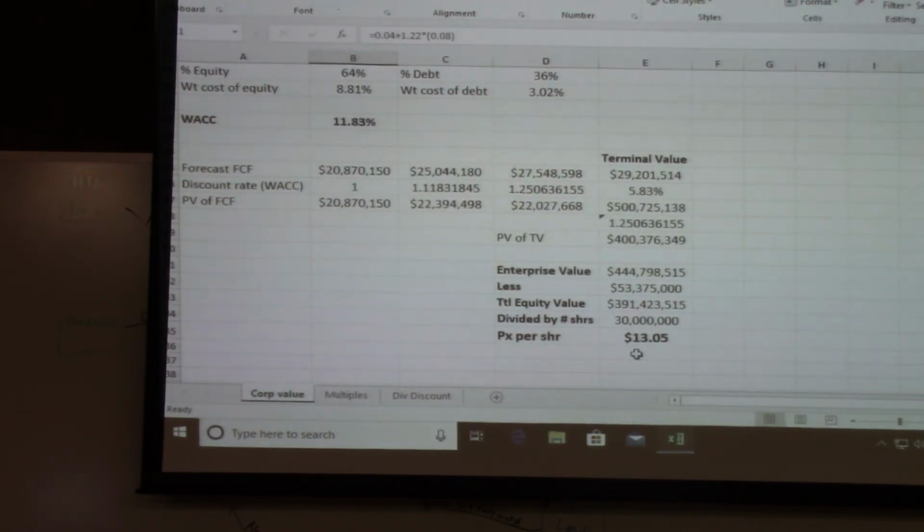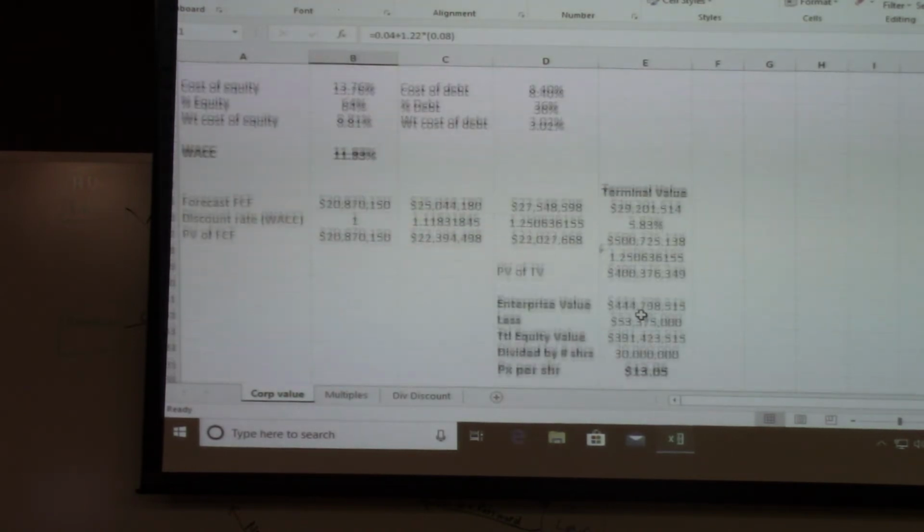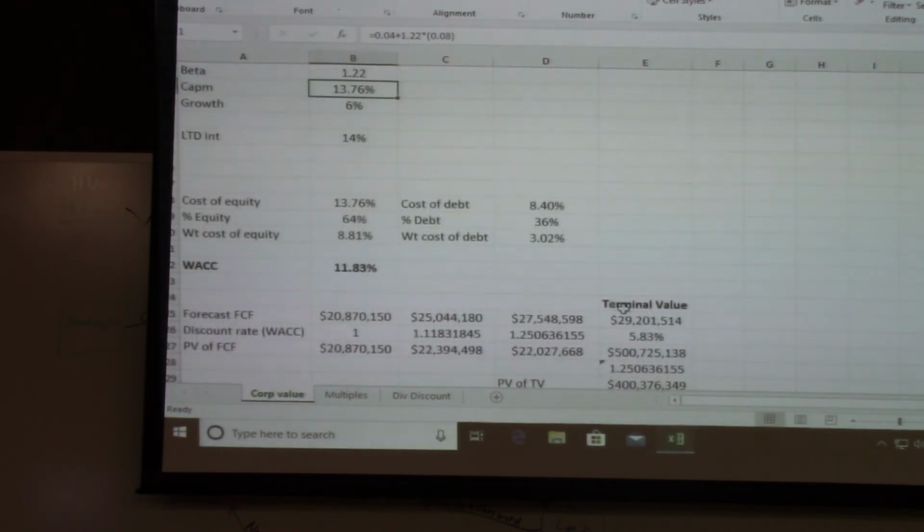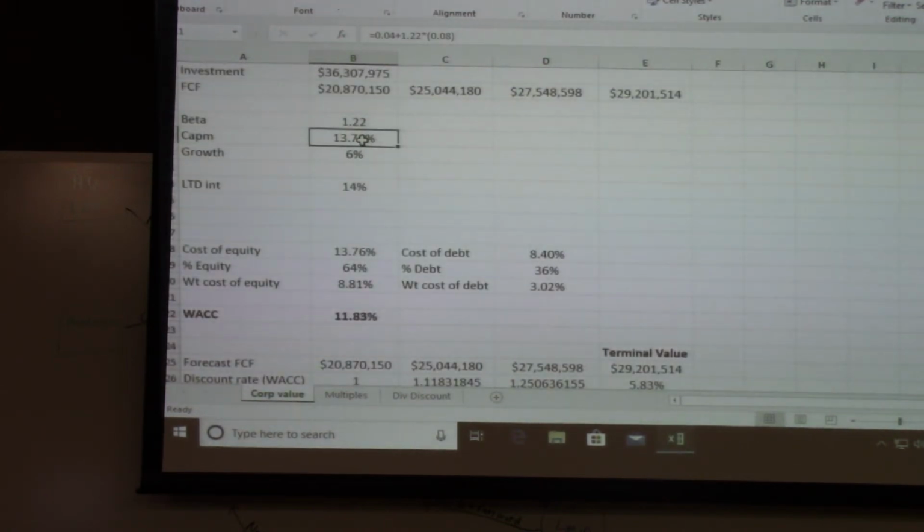And one thing I would say is, knowing this author and seeing how many mistakes he has made in the book, what he did in describing the cost of equity using the CAPM was say the market risk premium was 8%. And what I think he meant to say was the market expected return was 8%.